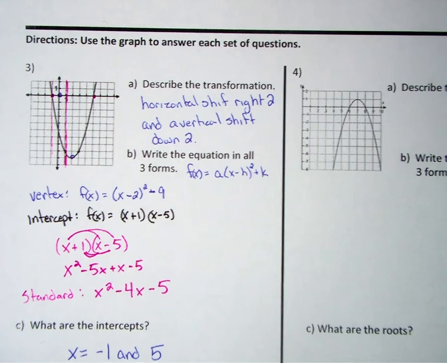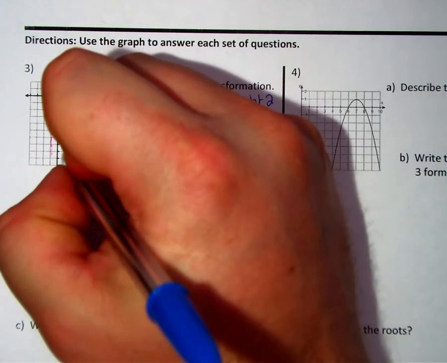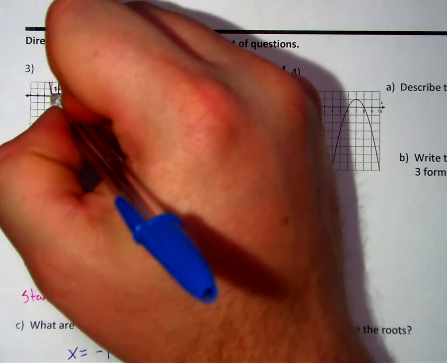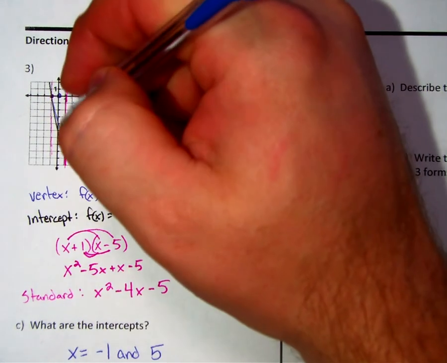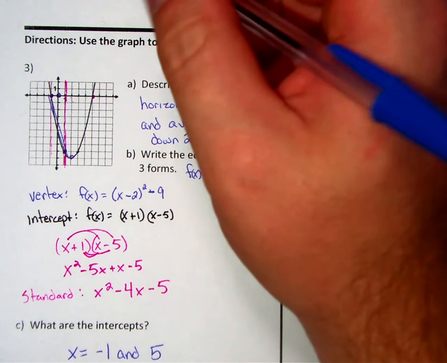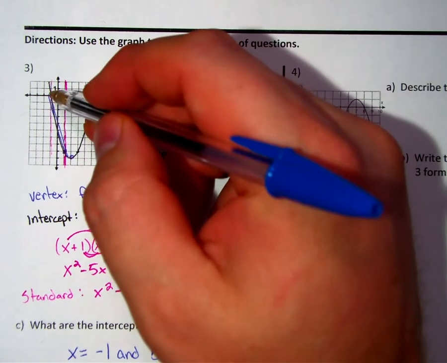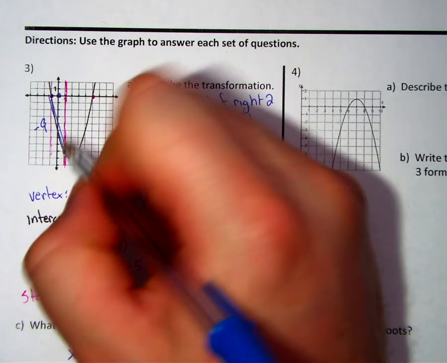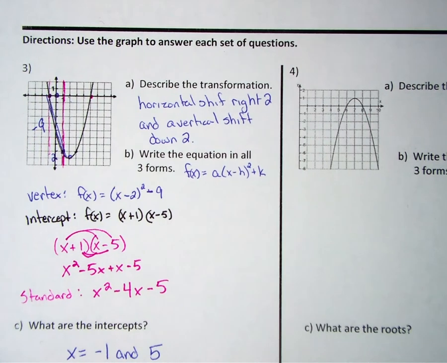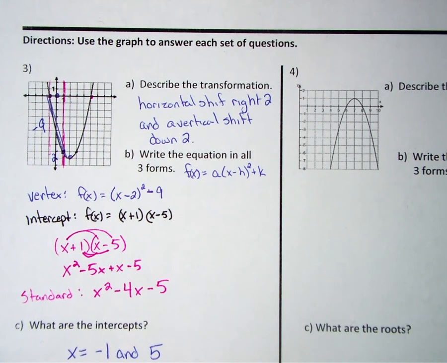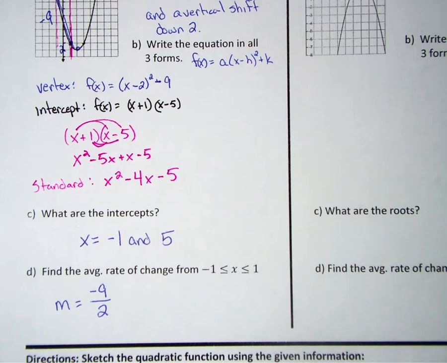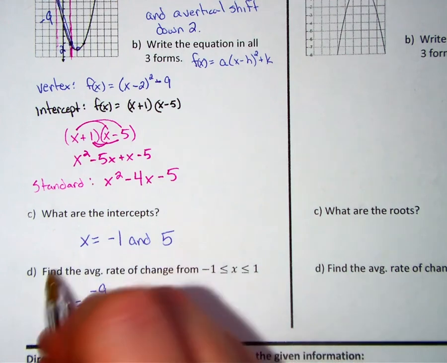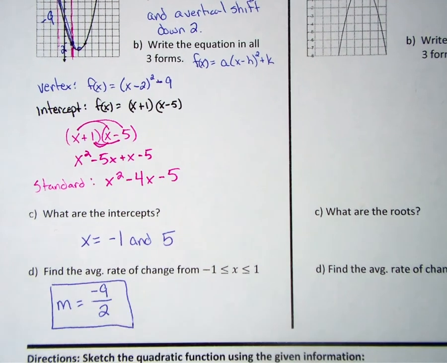That makes things pretty easy when we're on a graph, because I can simply say from that point to this point, I want to know the slope of the line that connects the two. So we can use our rise over run. We've gone down 9, and we have run 2. So m is equal to negative 9 over 2, and that cannot simplify any further unless we want to change it to a mixed number, which is not required. M is equal to negative 9 over 2.